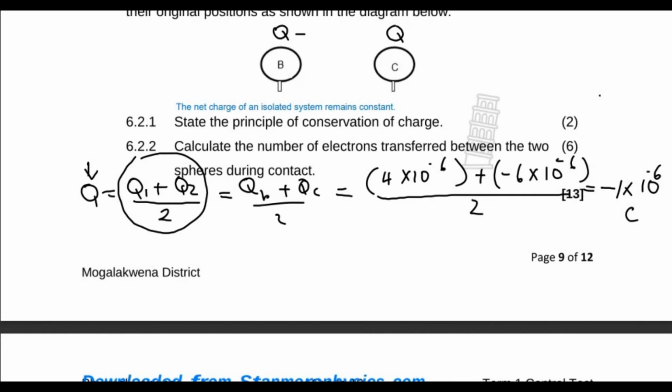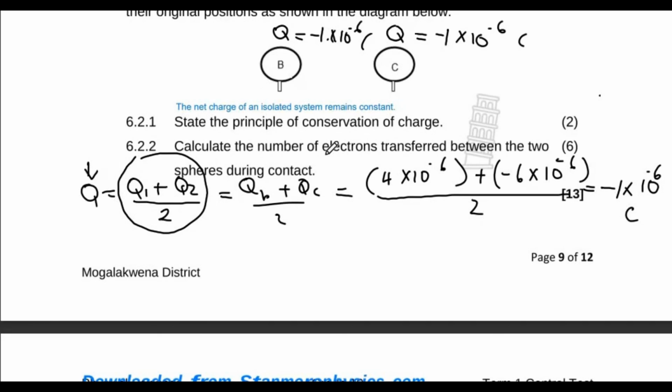This is telling us that the charge now is minus 1 multiplied by 10 raised to the power of minus 6 coulombs. That is the new charge after a physical process, after they touched. But the question didn't ask us to determine the new charge.